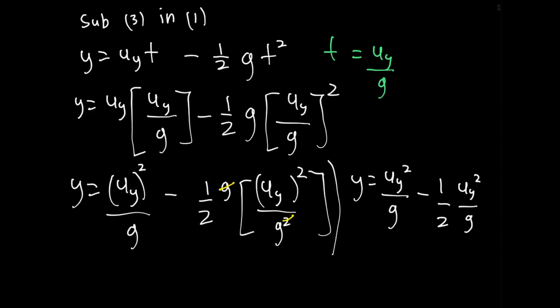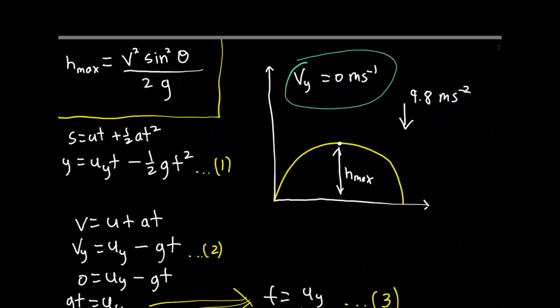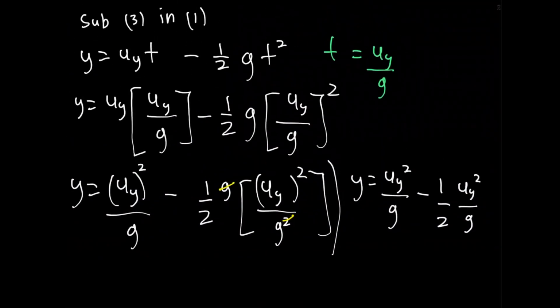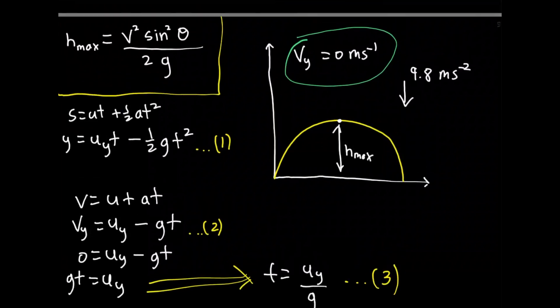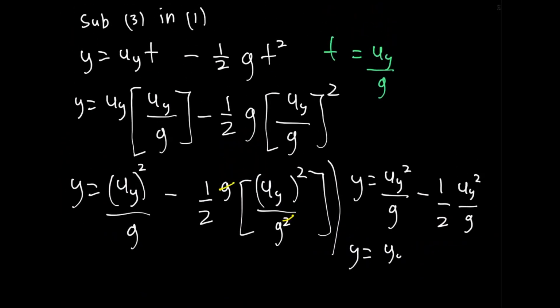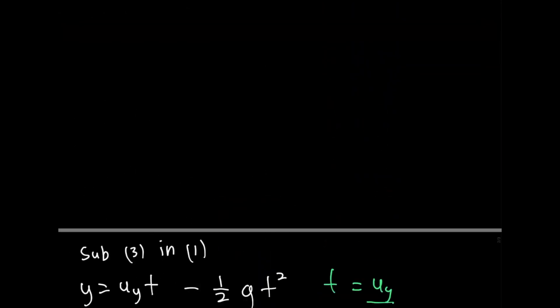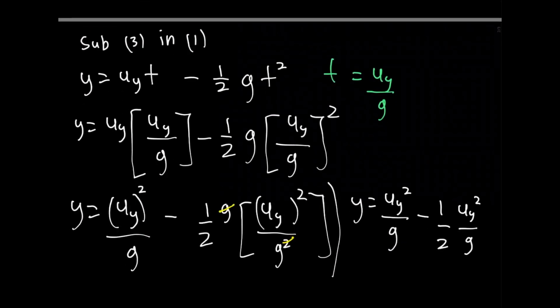And we see that uy squared over g is common, so we can just factor it out. Let's do this on a new page. So I'll make it simple as well.